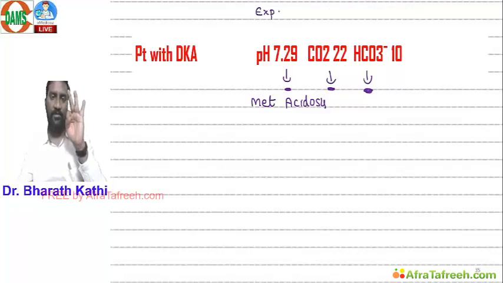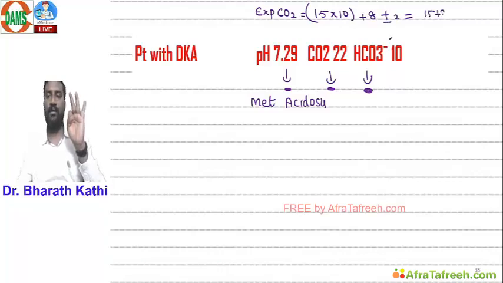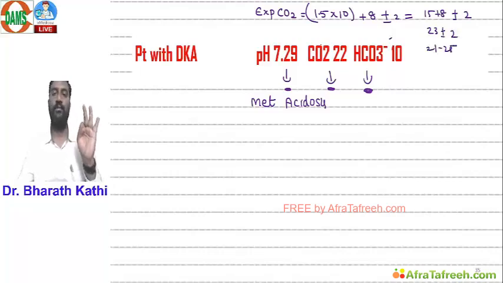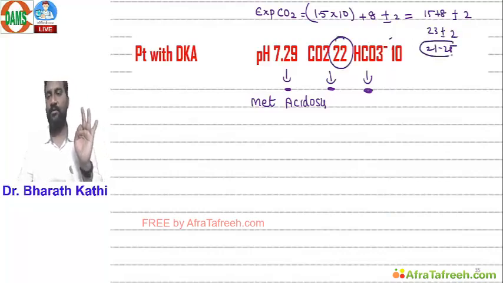Metabolic acidosis, respiratory compensation. The formula: 1.5 × bicarbonate + 8 ± 2. Bicarbonate is 10 here. 15 + 8 ± 2. 23 ± 2. 21 to 25. Given is how much? 22. Expected is also correlating.